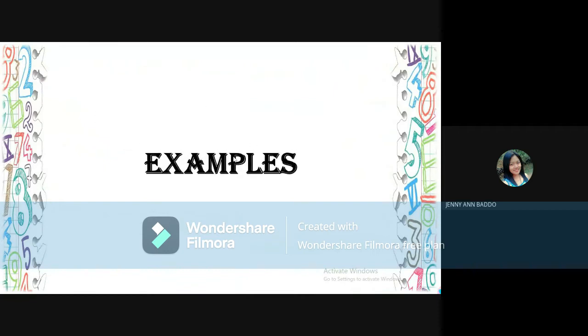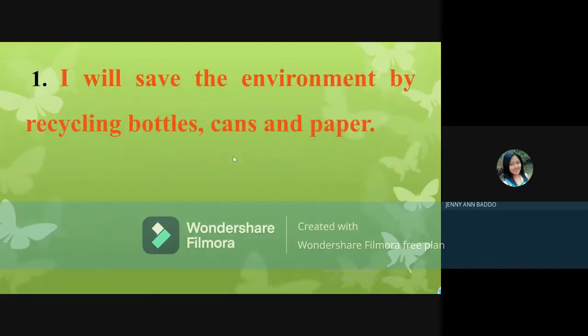Let us have examples. First, I will save the environment by recycling bottles, cans, and paper. So first, let us determine the hypothesis and the conclusion of this statement. Take note, the hypothesis here is the condition.